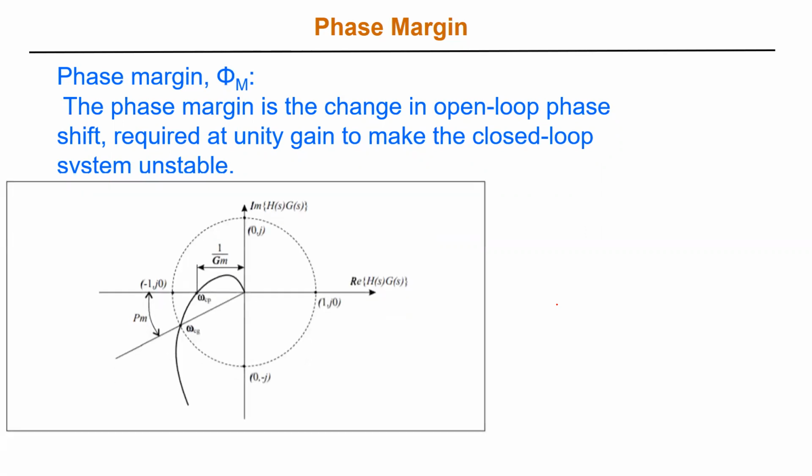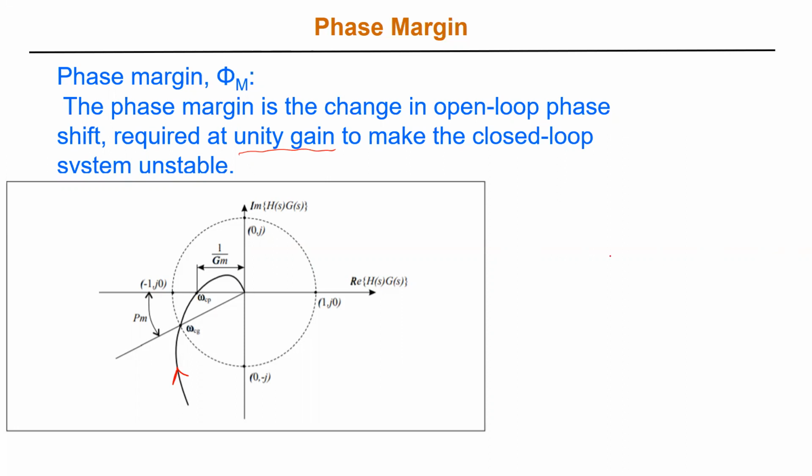Let me look at it here. This is my Bode plot, my Nyquist. I would like to evaluate the phase at unity gain.